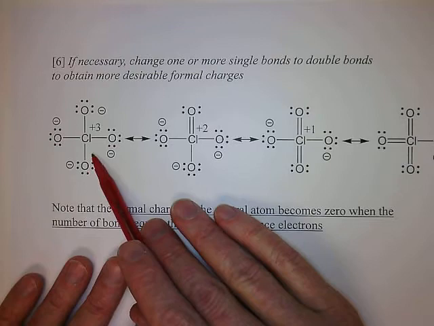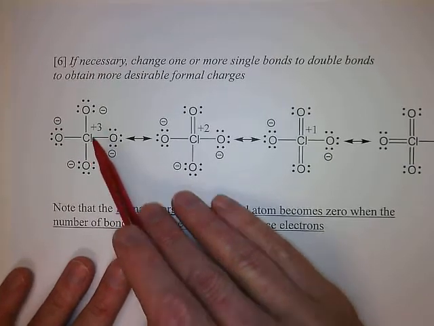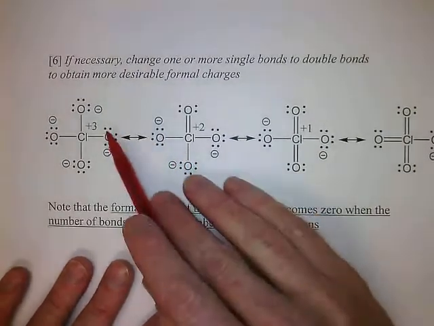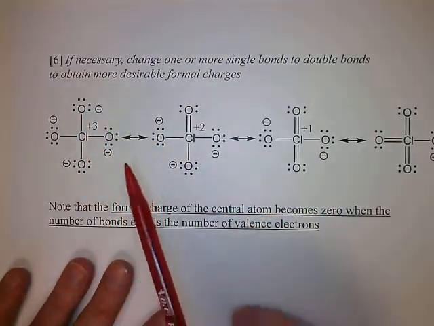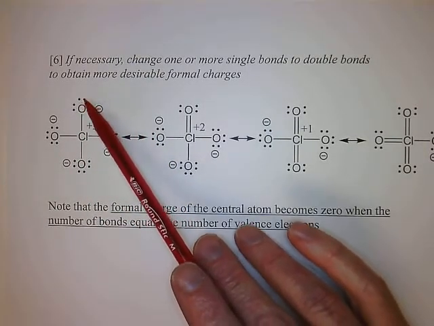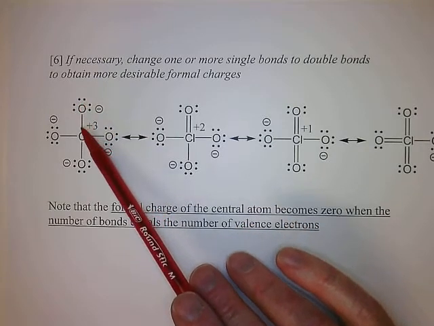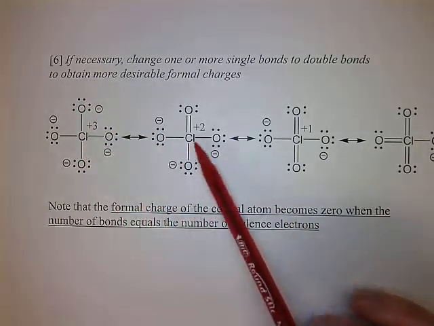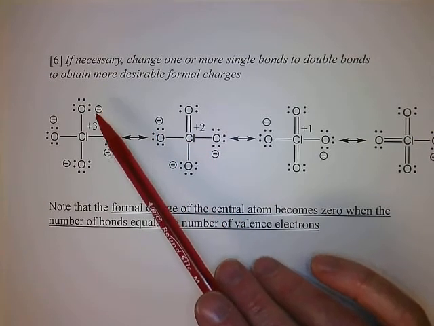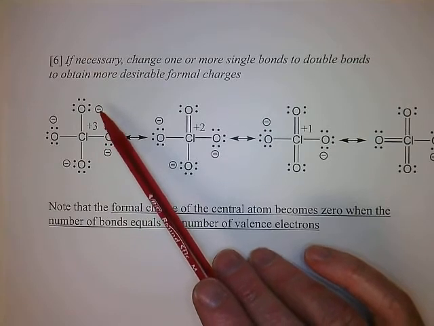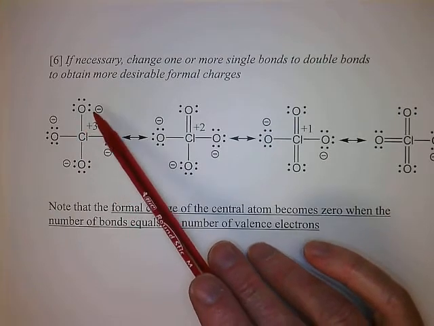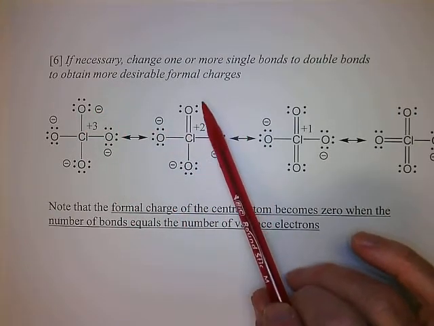So the first structure is the same as what I had on the previous page with all single bonds. What happens if we convert one of these single bonds into a double bond? We take one of these unshared pairs and move it here so that the unshared pair becomes a bonding pair. Okay, and look at what happens. First of all, this formal charge goes away, because singly bonded oxygen is always -1, doubly bonded oxygen is always 0.